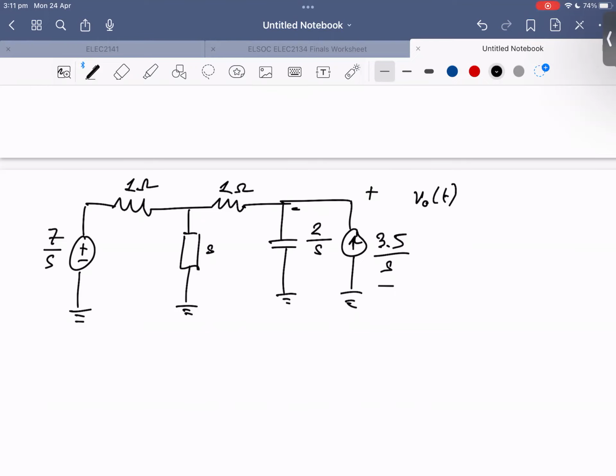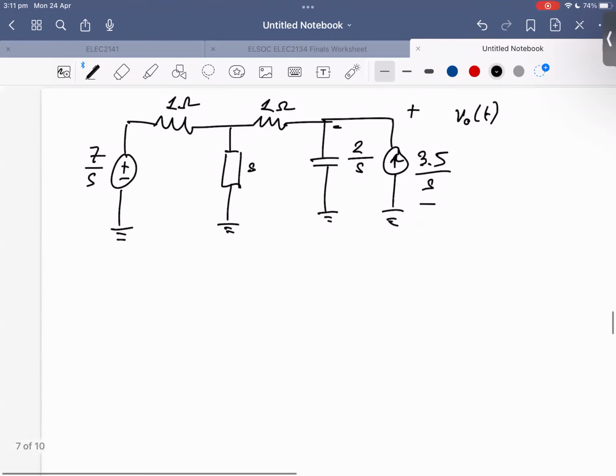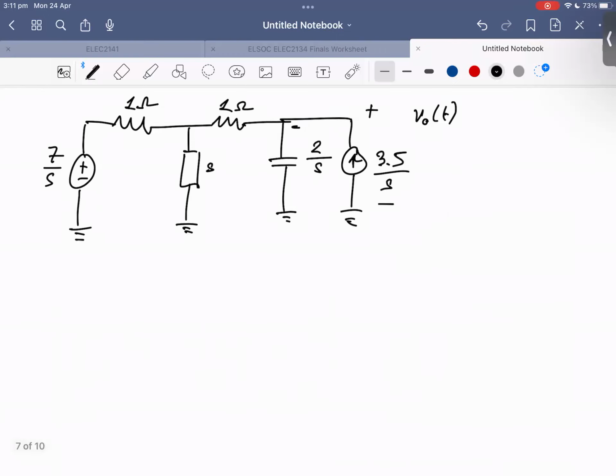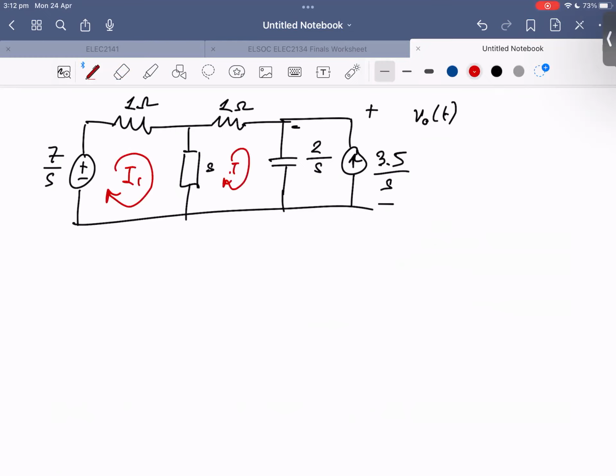We are interested in v0(t), which is the voltage across the capacitor. I would probably do mesh analysis for this question simply because there are 3 loops and it's going to be quite easy. So let me redraw this ground node like this. I'll notate my mesh currents, always clockwise: I1, I2, and I3.